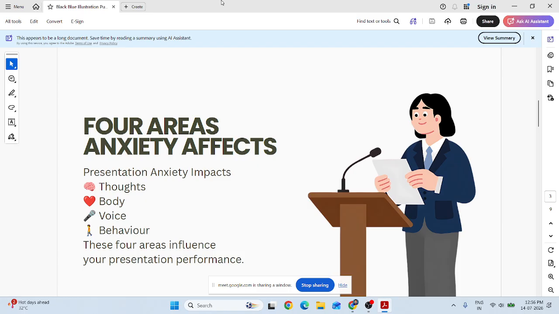These behaviors may reduce the anxiety briefly, but they often make the problem stronger over time. Reading a full script can make you feel safer during the presentation. It will teach your brain that you cannot speak unless every word is written in front of you. Avoidance works in a similar way.